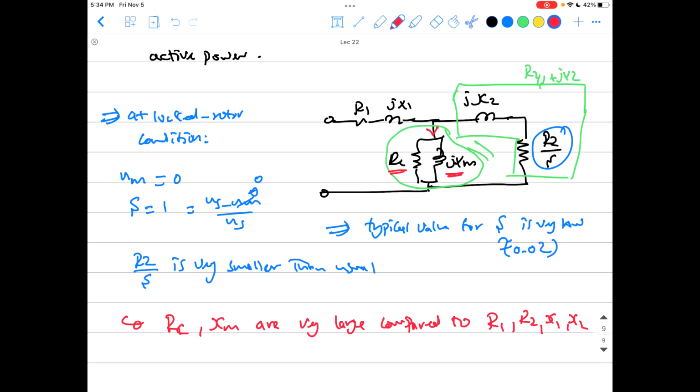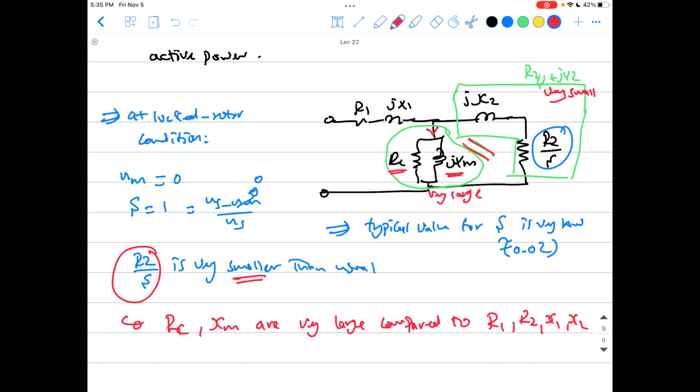So to keep that in mind, now we have R2 over S very small and RC and XM very large. Now recall your basic information about the electric circuit. If you have two resistances or two impedances connected in parallel, and one of them is very small and one of them is very large, the equivalent of them will be much closer to the smaller one. That is how the electric circuit works.